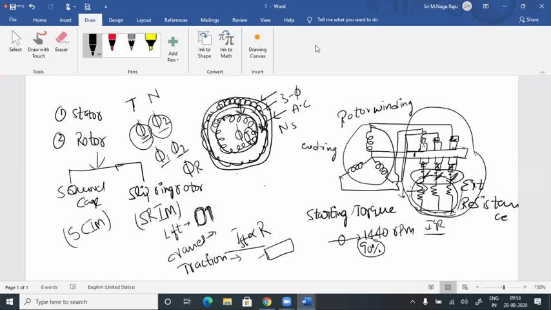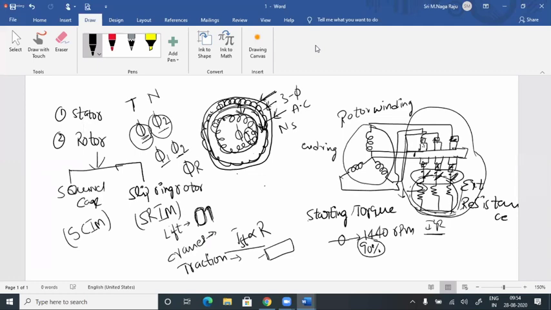Now, the air gap flux in the induction motor must be constant. How is it constant? If the flux is decreasing, the stator will take more current from the source and produce the flux.